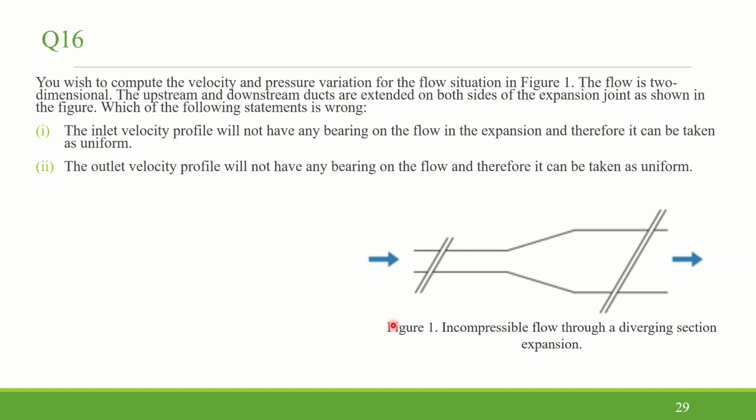Inlet velocity profile will not have any bearing on the flow in the expansion, and therefore it can be taken as uniform. The second statement says the outlet velocity profile will not have any bearing on the flow, and therefore it can be taken as uniform. This particular statement is false.